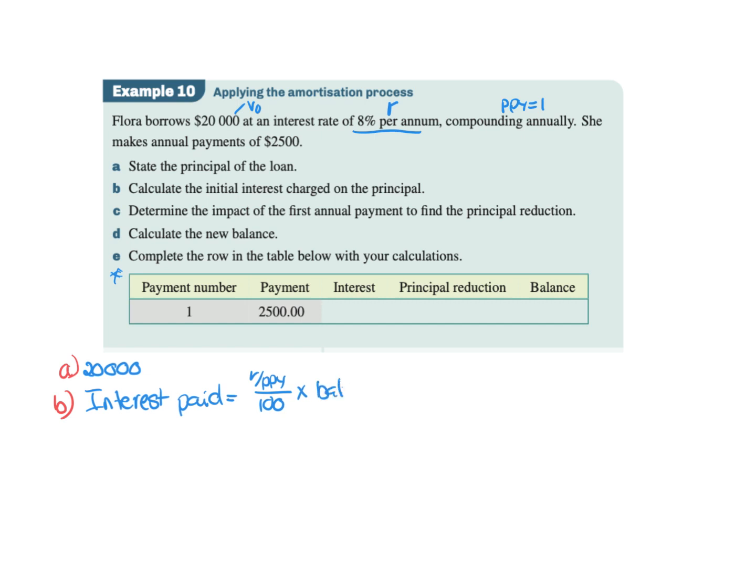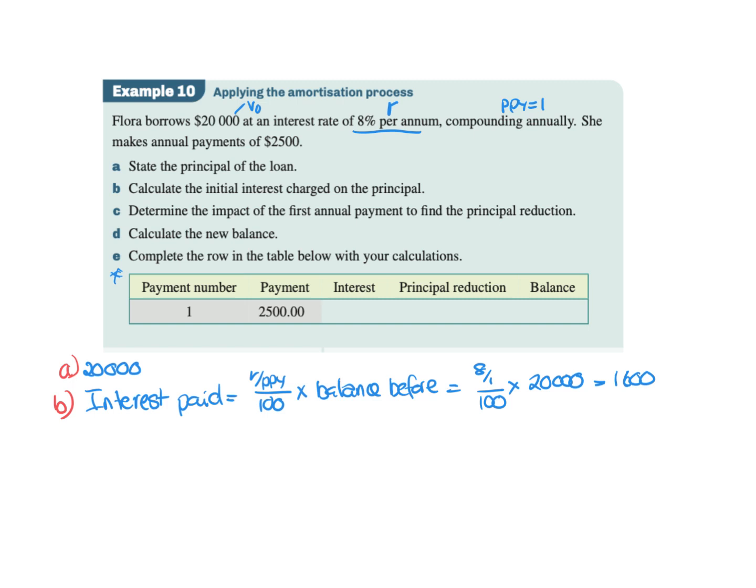They're saying the initial one, so the balance before would be the beginning amount. So I've got 8, because it was 8% per annum, over 1, over 100, times the 20,000. So I end up with the interest paid being 1,600. Okay, so she's paid that.